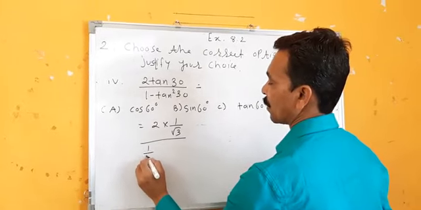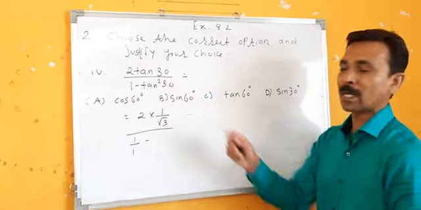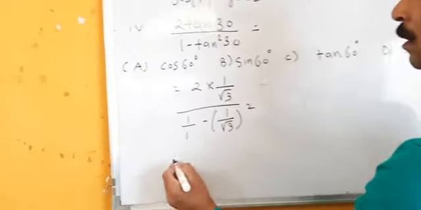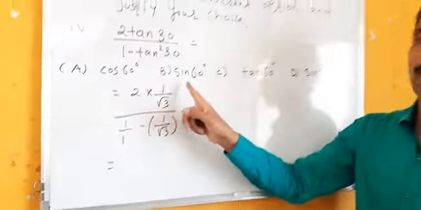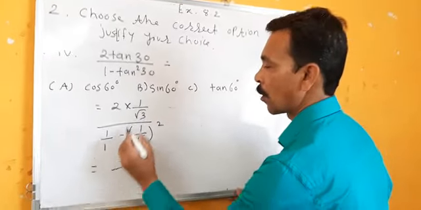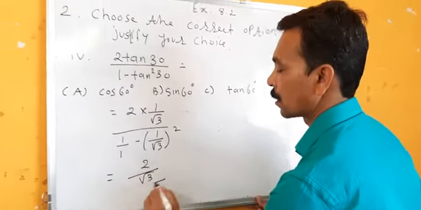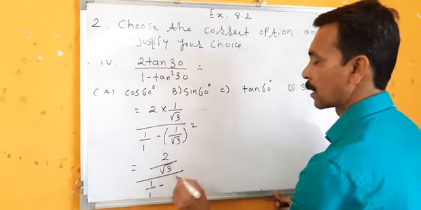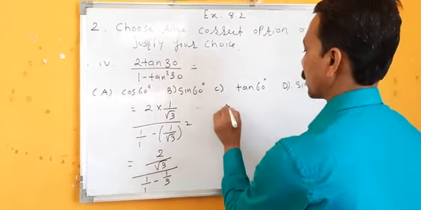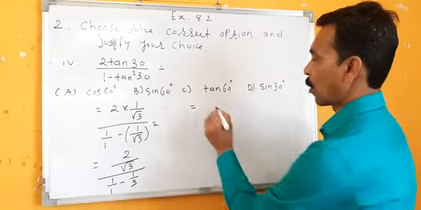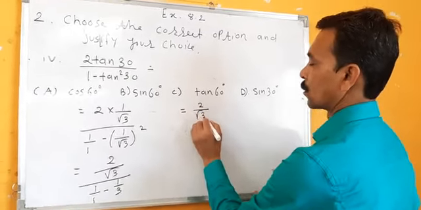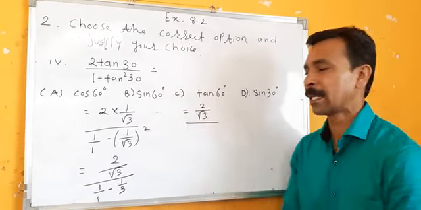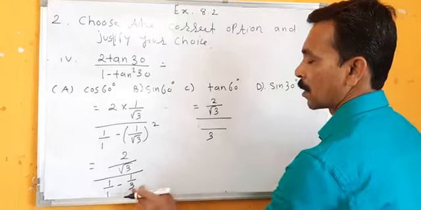Tan square 30 means 1 upon root 3 whole square, which is 1 by 3. So 2 into 1 by root 3 is 2 by root 3, upon 1 minus 1 by 3. What is the LCM of 1 minus 1 by 3? 3.